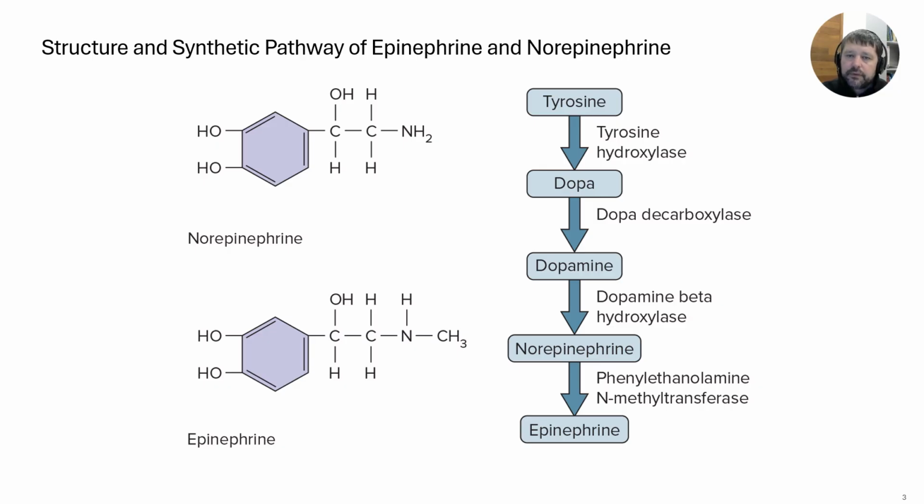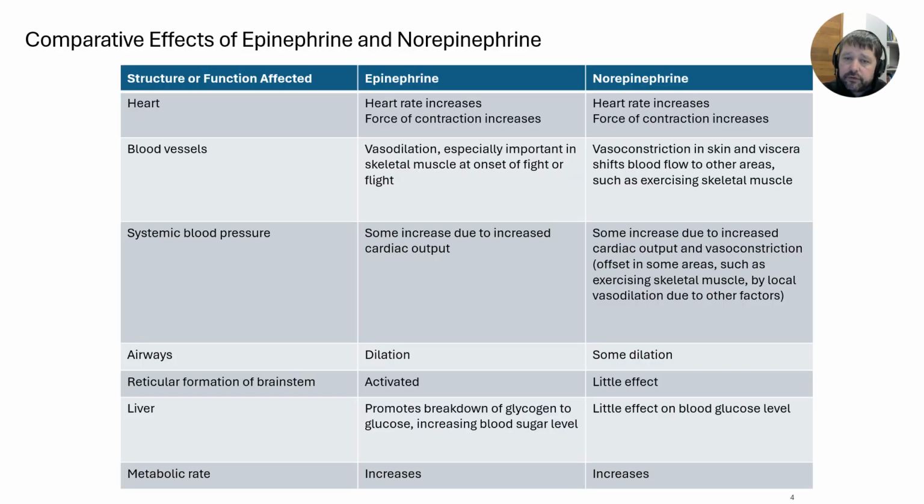But in general, we're just looking at the connection between these two, because norepinephrine and epinephrine are connected to a great degree. One gives rise to the other, and therefore, in some cases, they have the same function, and in other cases, they might have very different functions.